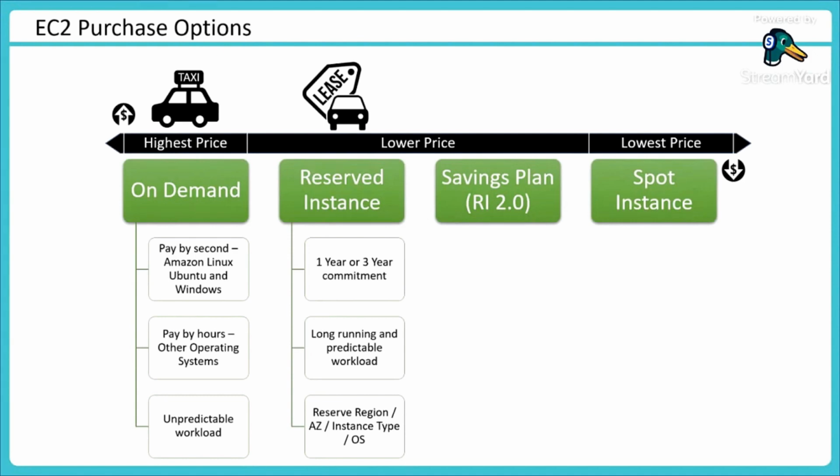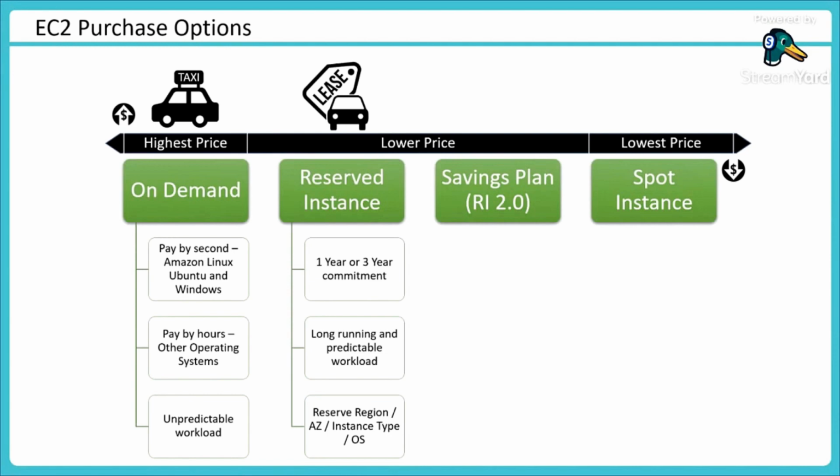It's not like we put a physical server aside, added your name, and you would use only that server. It is a capacity reservation. It is not a physical reservation, right? So make sure you understand that it is a capacity reservation and a billing discount, but it is not a physical reservation which is being done for you. So that is called reserved instances, and it is good if I have a 1 year or 3 year commitment to make.